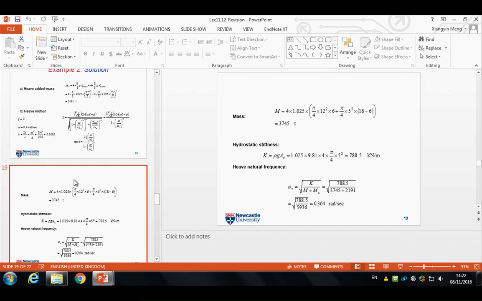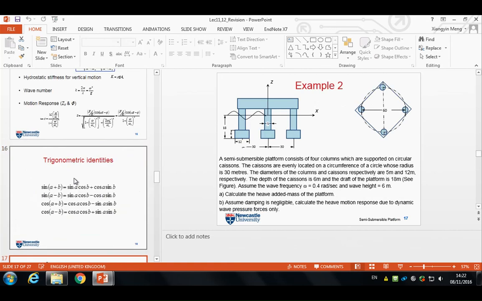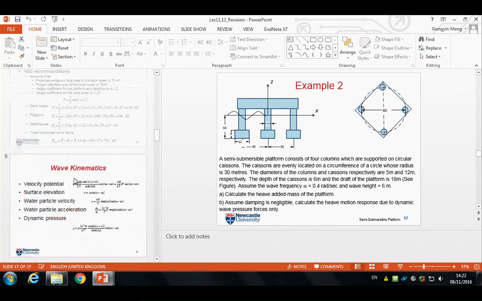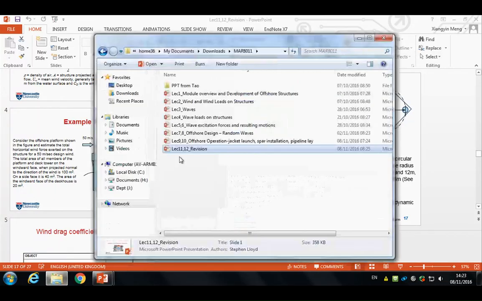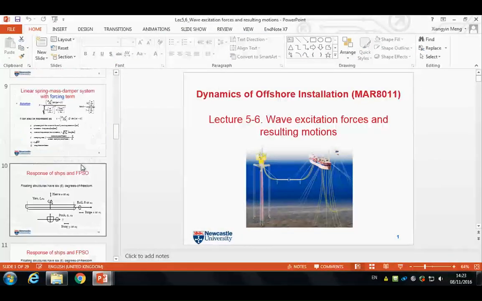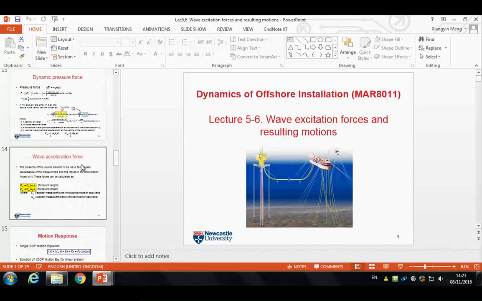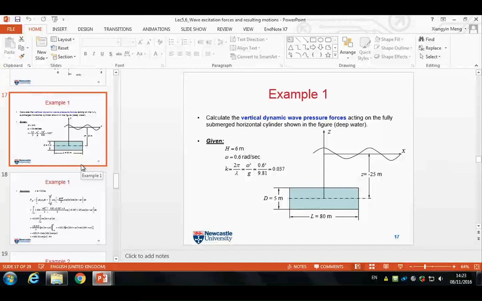Example one, please. Example what? This one? No, this is two. Example one. Is it here? No. For lecture 5 and 6, sample 1, 2. Lecture 5. That one. Sure.